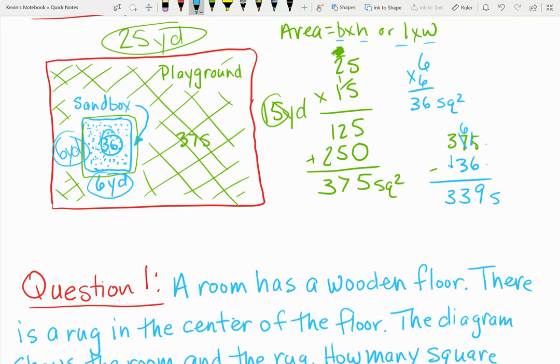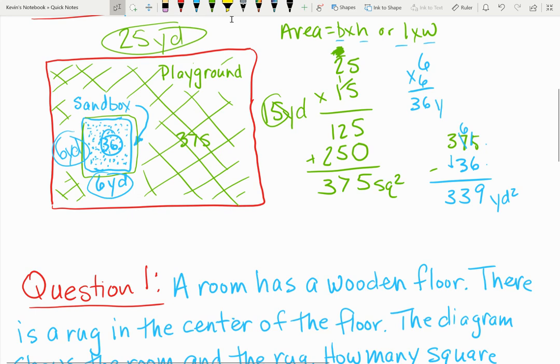339 square yards. So I'm sorry, guys, square yards. Let's rewind these. So these are square yards up here. I think earlier I just put squares, squared.